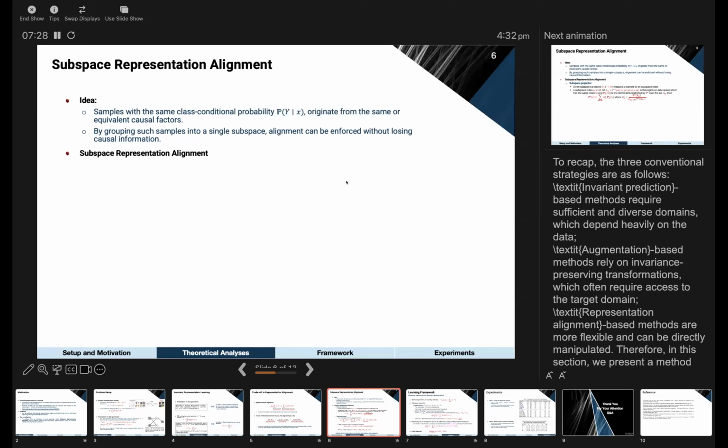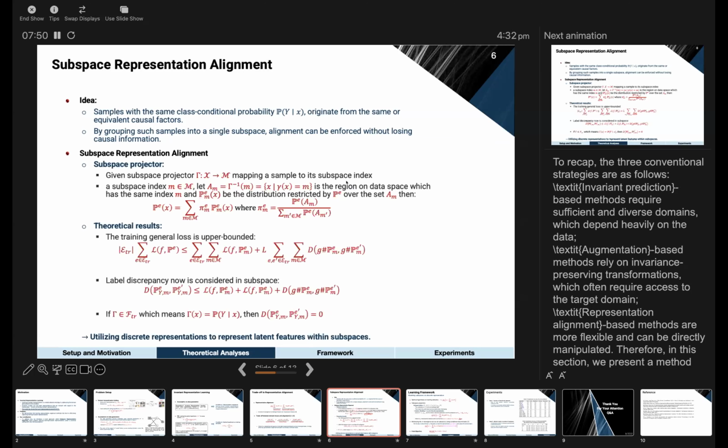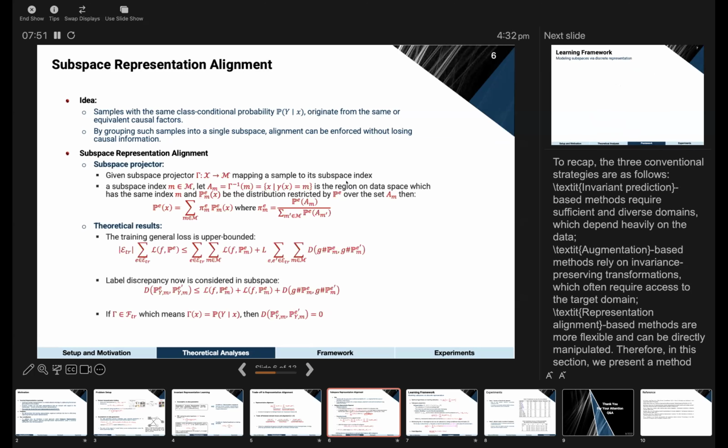So if we can group these samples into a single subspace, we can simultaneously optimize the loss and the alignment without the trade-off within the subspace. And here is our result.